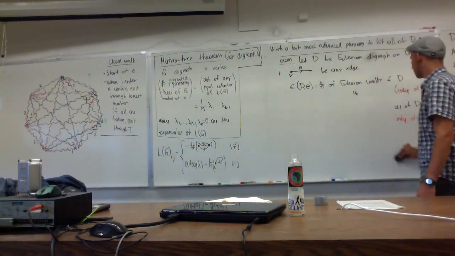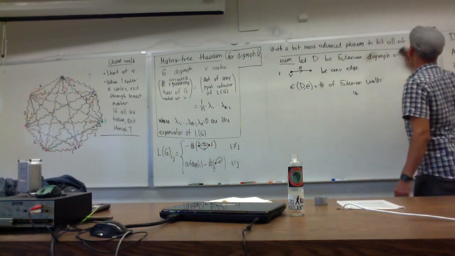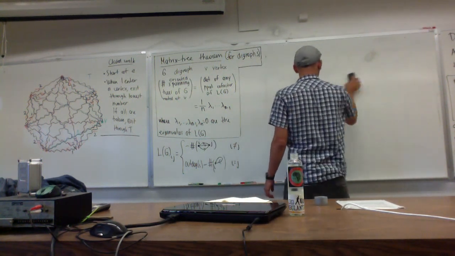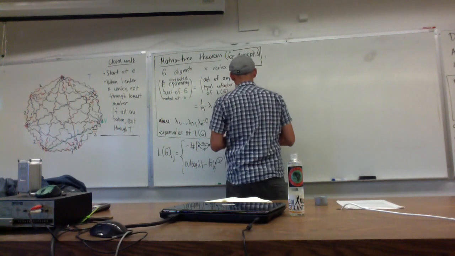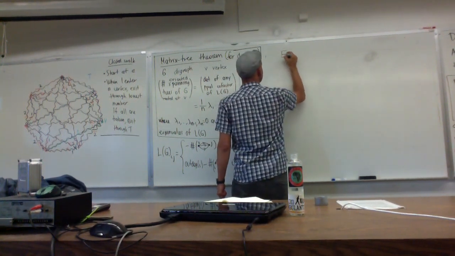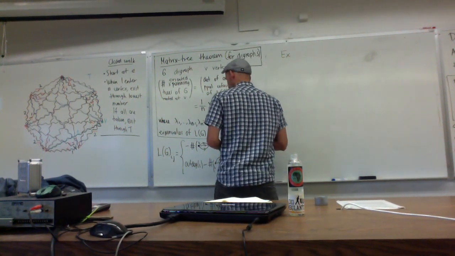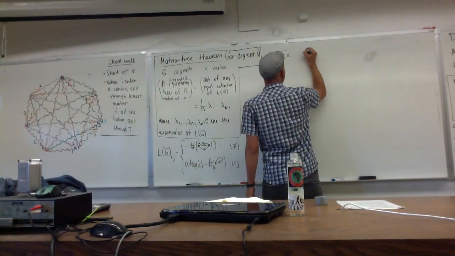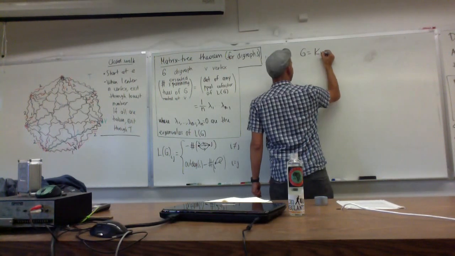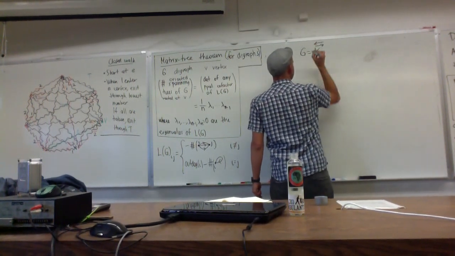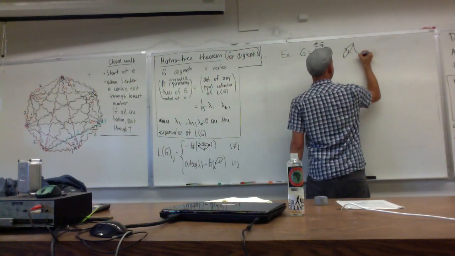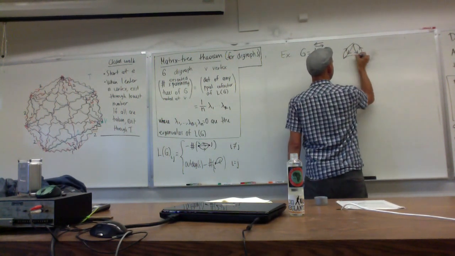So I just erased the statement of the theorem, but anyway, just to give you an example of an application of this. If our graph is the complete graph directed, so between every two vertices you have edges in both directions.